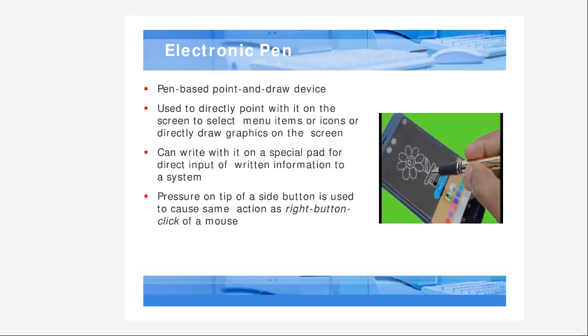Here some points will be written, that is how it works as a mouse. If you click or press the tip of the pen, it acts as a click, that is the left click of a mouse. पेन के ऊपर एक टिप जैसा रहता है उसे प्रेस करने से वो क्लिक करने की जैसे काम करता है, जैसे माउस में हम क्लिक कर पाते हैं। Pressure on the tip or a side button: if we give pressure and click the side button, it is used to cause the same action as the right button.